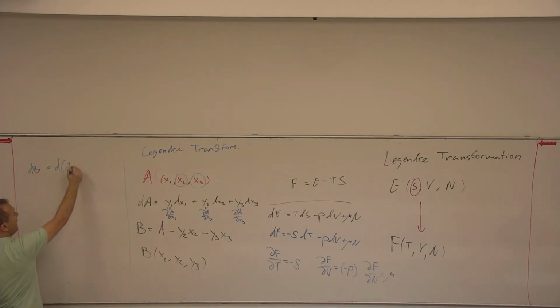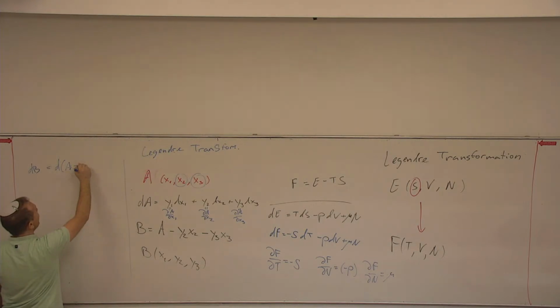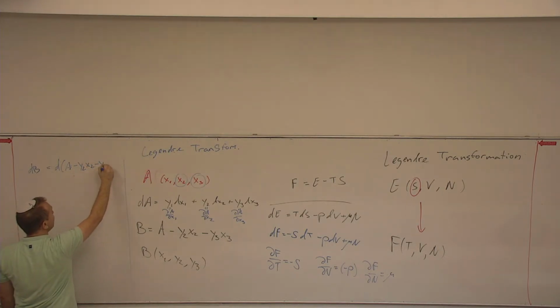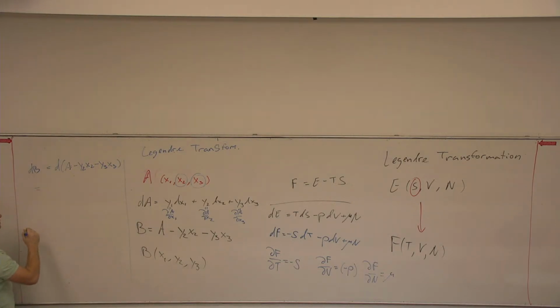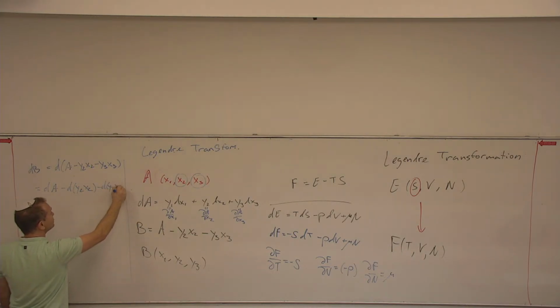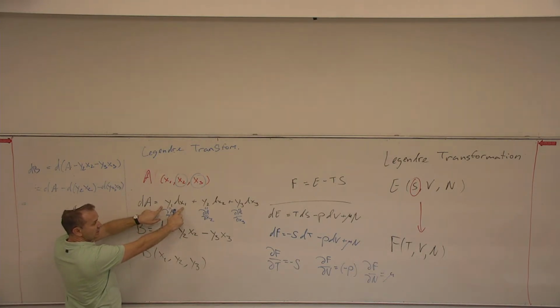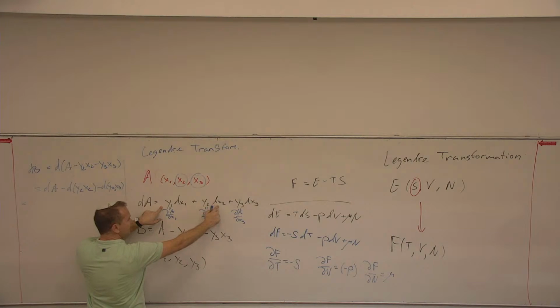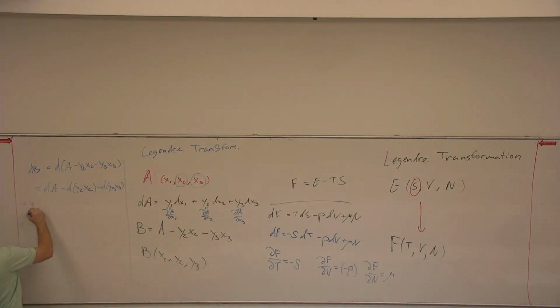It is dA minus d(y2 x2) minus d(y3 x3). We'll open up all the differentials. So first of all, dA, we know what dA is. It is this differential that depends on dx1, dx2, and dx3. So it is y1 dx1 plus y2 dx2 plus y3 dx3.